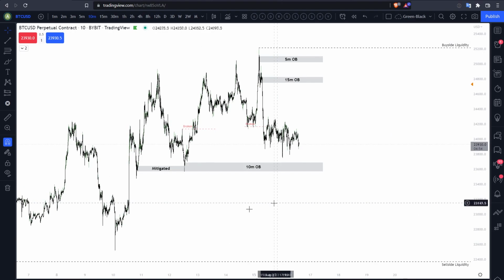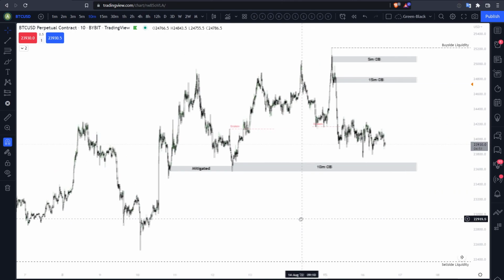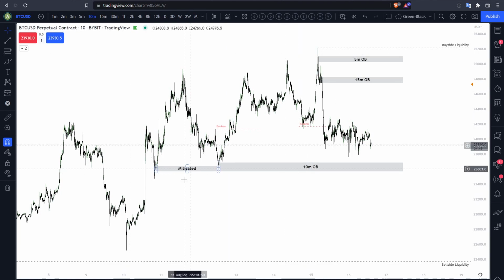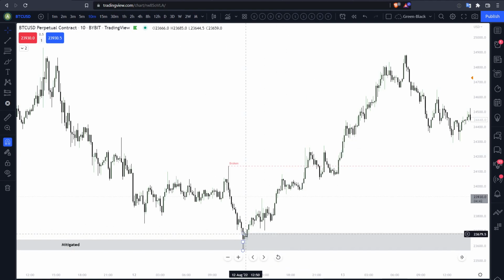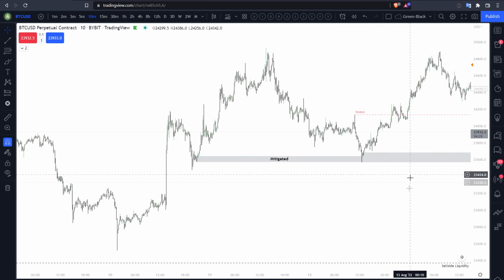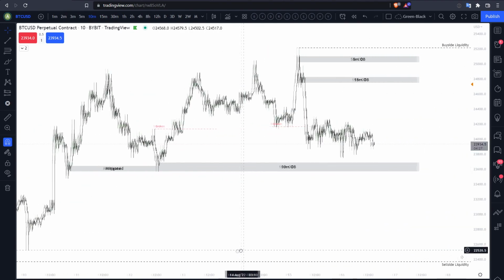So I identified one on the 10-minute chart here. This last black candle, but including the wicks, before the price proceeded higher. And as we can see, it still was not mitigated.